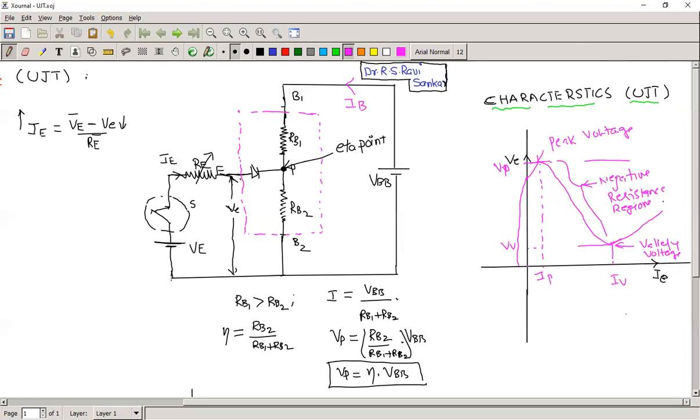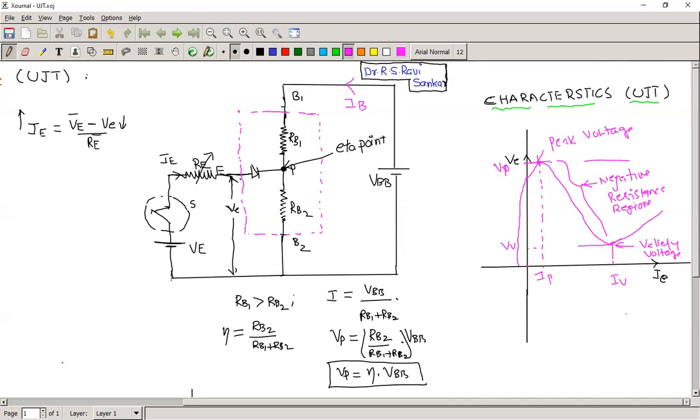Now we are going to use this to get the gate voltage to the SCR. Up to this point, the UJT is off. From this point to this point, the UJT will be on because it is allowing a large amount of current at a small amount of voltage. At this point again, the UJT will be off.